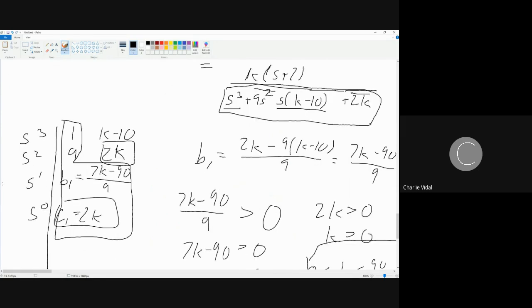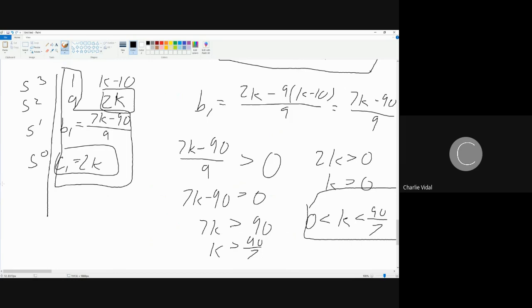Okay, so we're going to look at the first column again. If we put 90 over 7 into here, what would happen? You get 90 over 7 times 7, which is just 90. 90 minus 90 is 0.